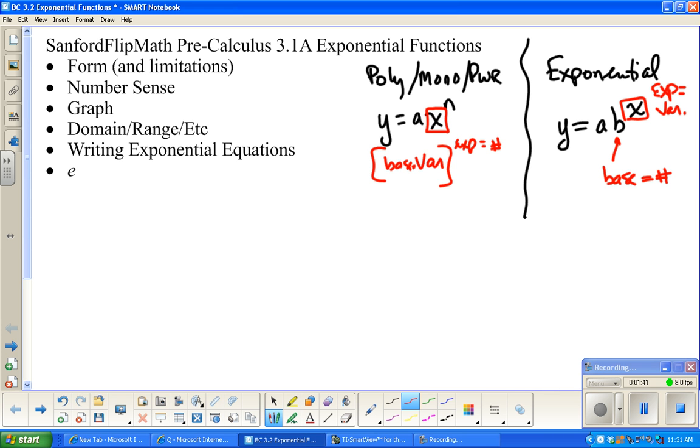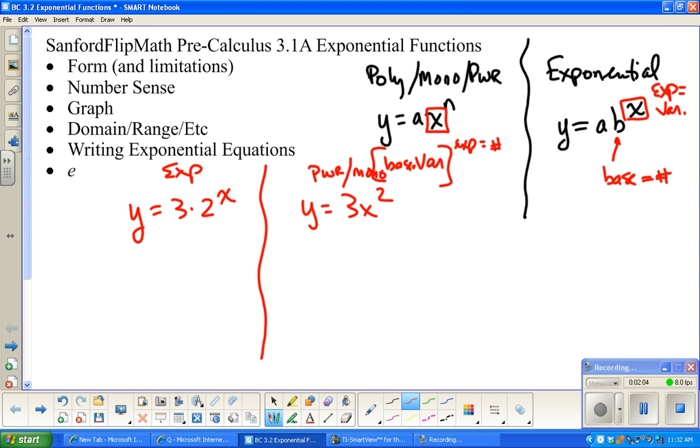So that's the distinction. A quick example would be y equals 3 times 2 to the x is exponential. y equals 3 times x squared is a power function or a monomial. So that's where we're at.